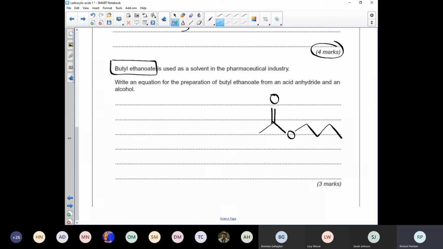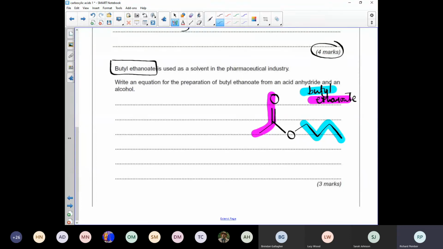So that is butyl ethanoate. So 1, 2, 3, 4. And then my ethanoate is there. Now this is coming from an acid anhydride.